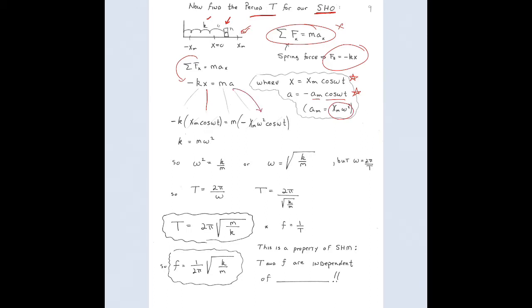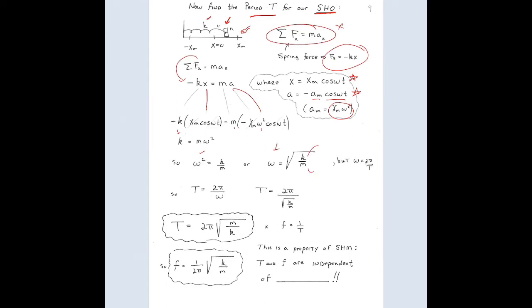Now my amplitude cancels, my cosines cancel, my minus signs cancel, and all I'm left with is k, m, and omega squared. So I solve this for omega, take the square root of both sides, and that gives me what omega is.